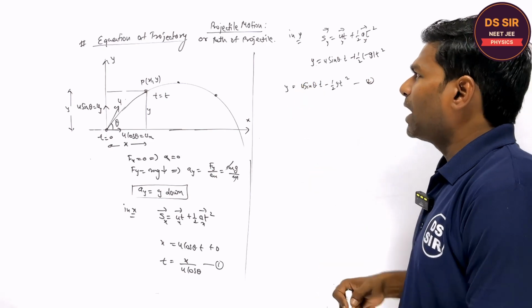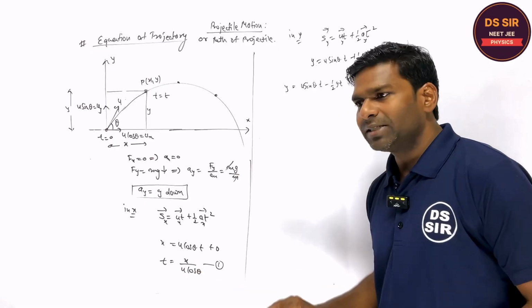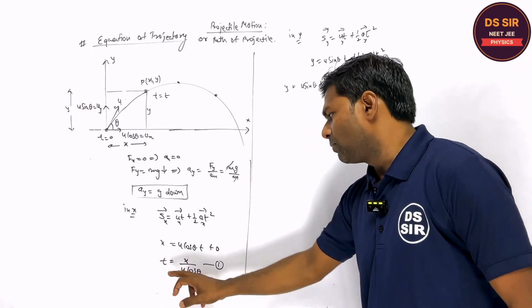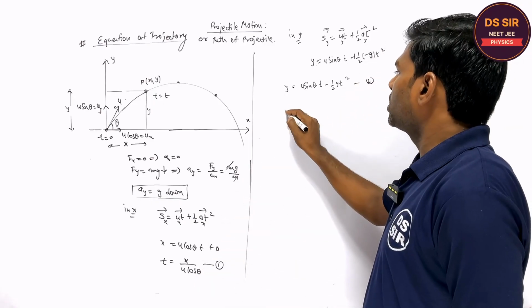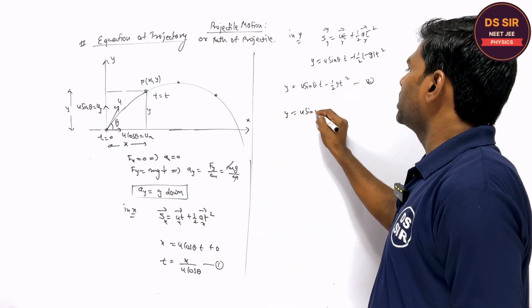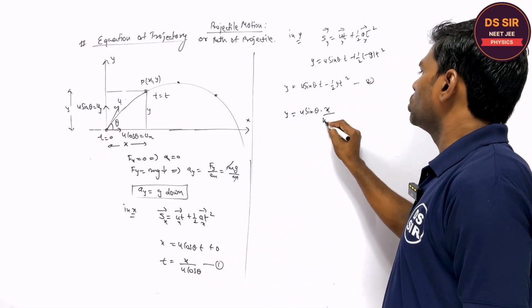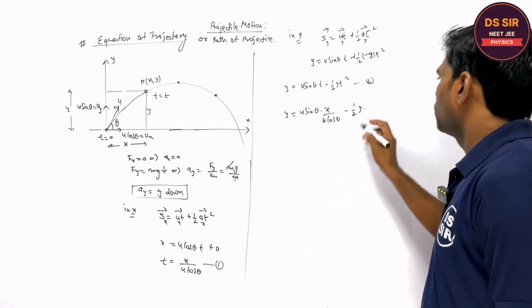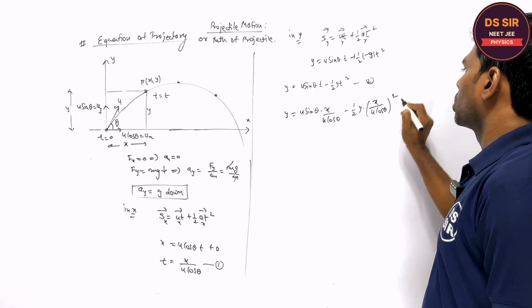Now the path of the projectile or equation of trajectory means the relation between the x and y coordinates. So therefore we will eliminate this time t from equations 1 and 2. So from 1, if you put the t value in u sin theta into, what is the t value? This is x upon u cos theta, minus half g, what is the value of t? x upon u cos theta.